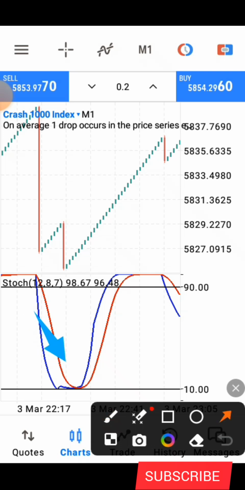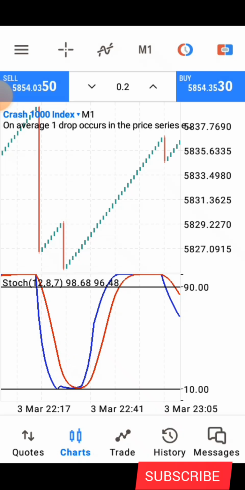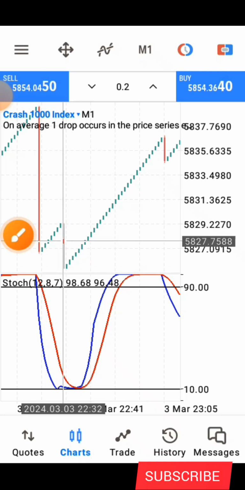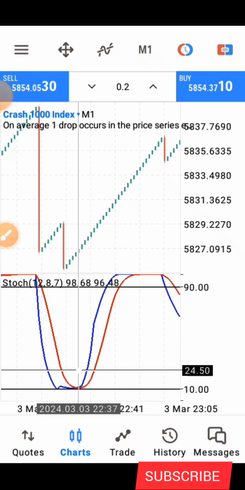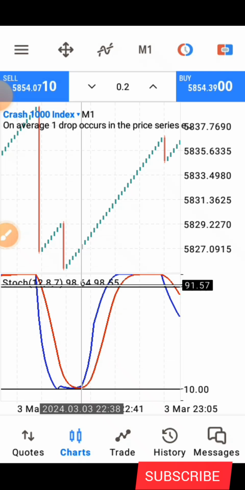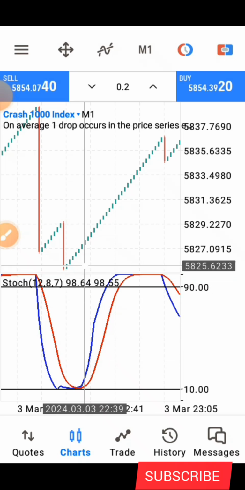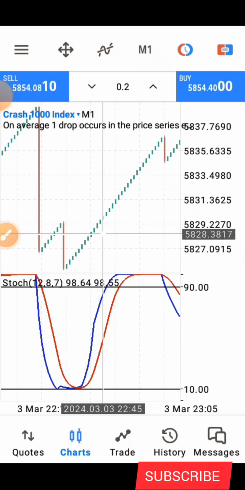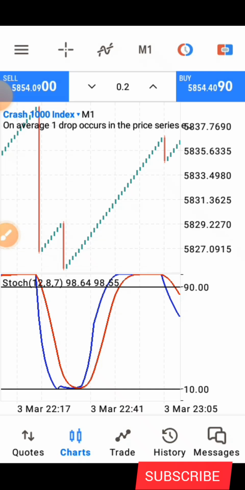So here on the Crash 1000 right now, we are going to be doing the opposite. Both lines need to touch the 15 level and then you wait for the crossing. As you can see here, this is where the crossing happened. So we are going to be taking our 5 candles from this area here. You buy up with your 5 candles, and you are out.